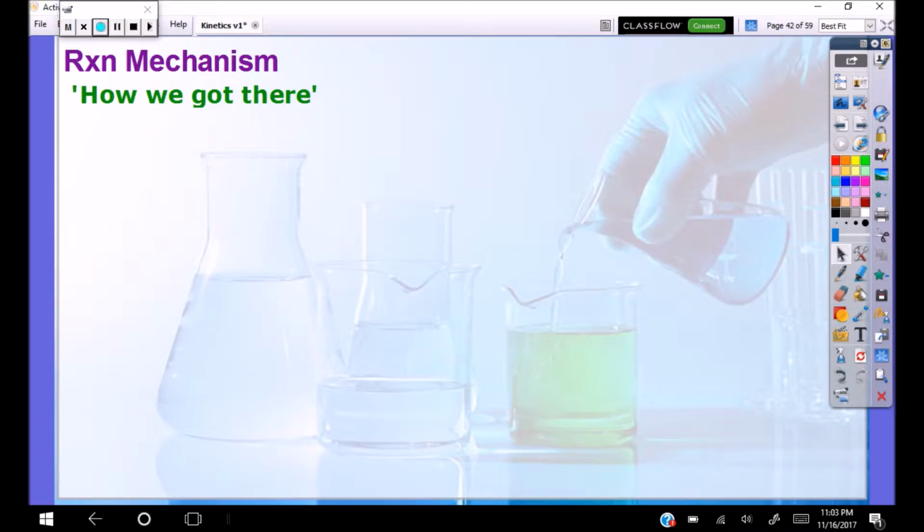Reaction mechanisms are hypothetical in that sense. There's a lot of different possible ways that we can get there, and we use the evidence that we have to establish some different pathways for us.